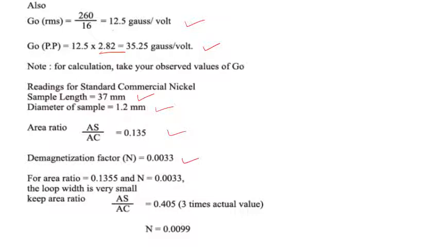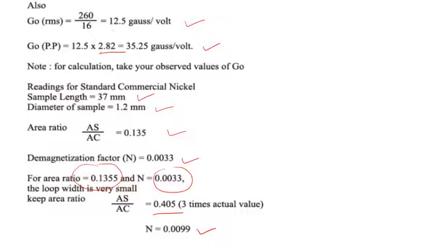Now in our case we have to take this area ratio 3 times. So in our case 0.135 is the area ratio, so we have to multiply it by 3, so it will become 0.405. And if we multiply this ratio by 3, it will become 0.0099.